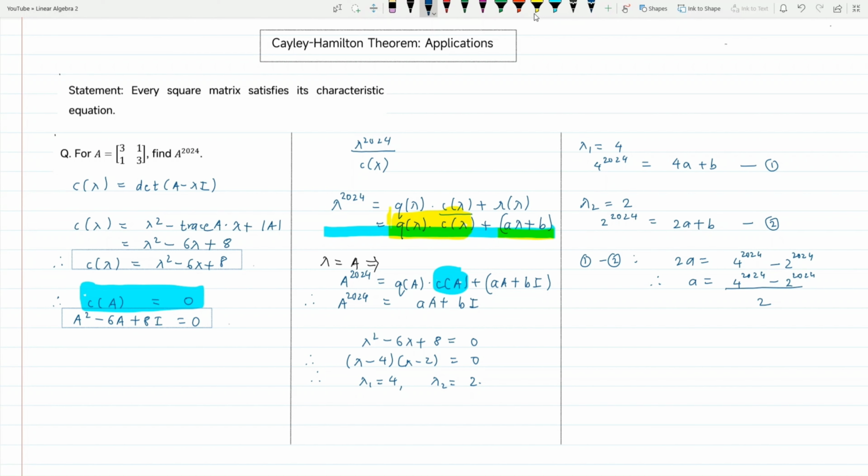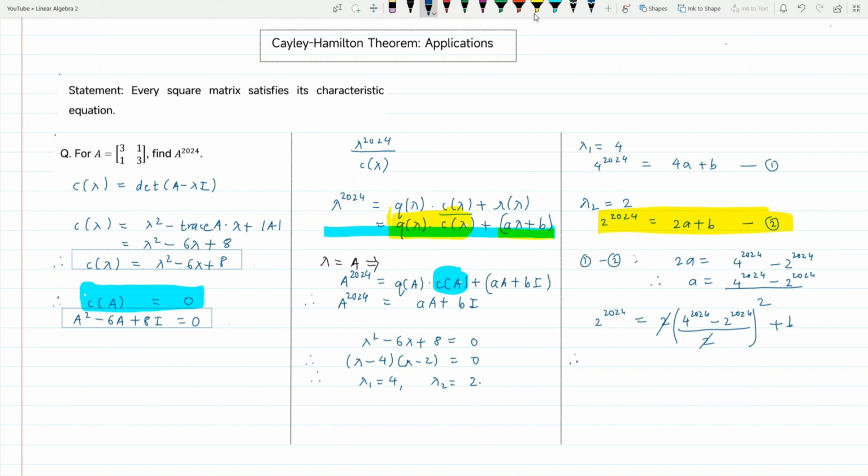Now substituting a back into, let's say, equation number 2, we get 2^2024 is equal to 2 times a plus b. So that is 2 times (4^2024 − 2^2024)/2 plus b. It is easy to see that we can get rid of the factor 2.